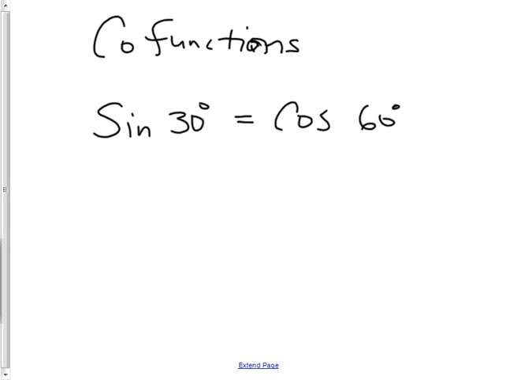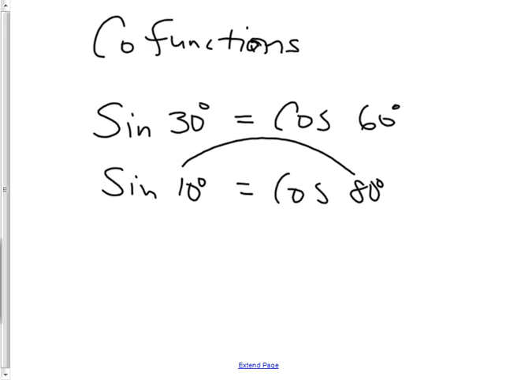Let's say you wanted to find sine of 10 degrees without using the sine button. What could you do? Cosine of 80. Very good. Why? Because these two add up to 90. All right. So let's say we had sine of 5 degrees. That would be the same as cosine of 85. Has to add up to 90.